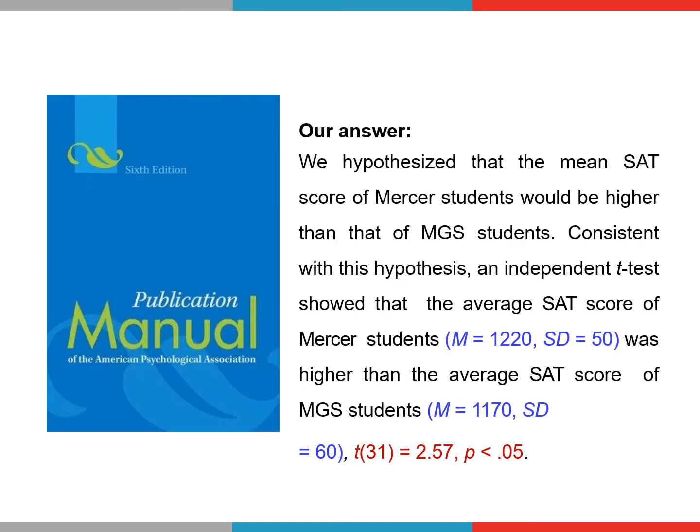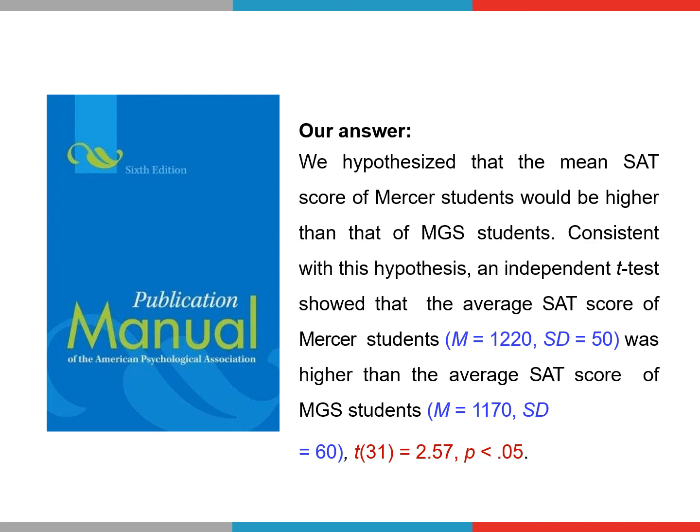All right, so the last thing we have to do is write up our results in APA style. So we're going to start with our hypothesis. We hypothesized that the mean SAT score of Mercer students would be higher than that of Middle Georgia State students. Now we have to report what we found in relation to this hypothesis, right?